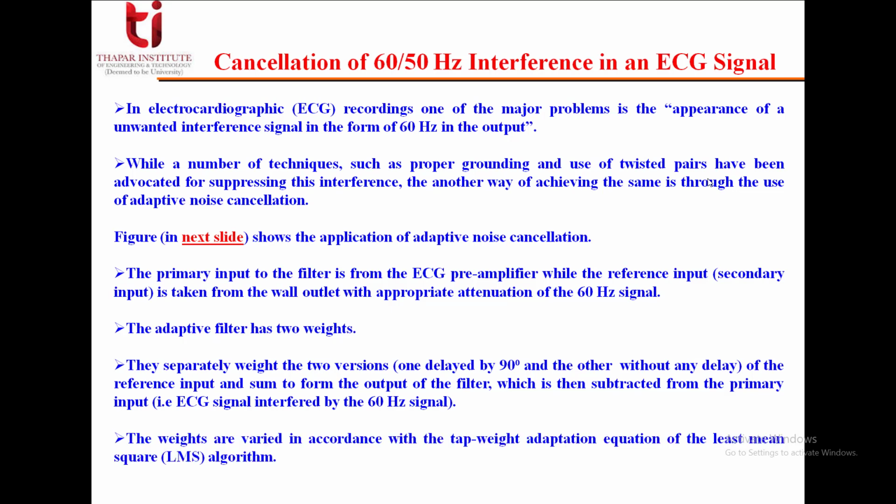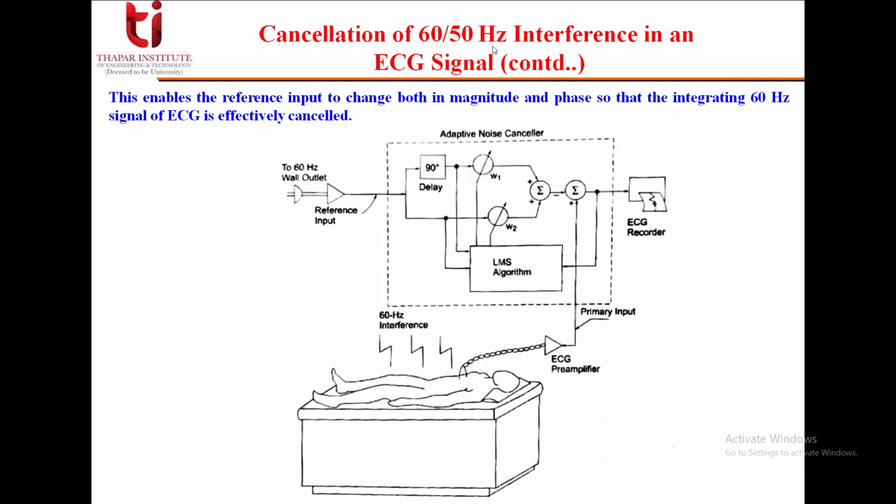The weights are varied in accordance with the tap weight adaptation equation of the least mean square, that is LMS, algorithm. So you can see in this we are taking the reference input, one with a delay of 90°, the other without any delay, and then we are using these tap weights, represented as W1 and W2, and we are using the LMS algorithm to produce finally the output, that is minimization of error, or we can say that will remove the 60 Hz interference.